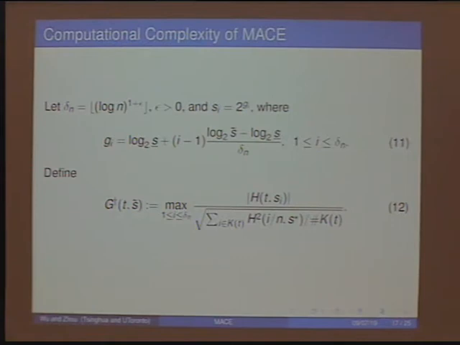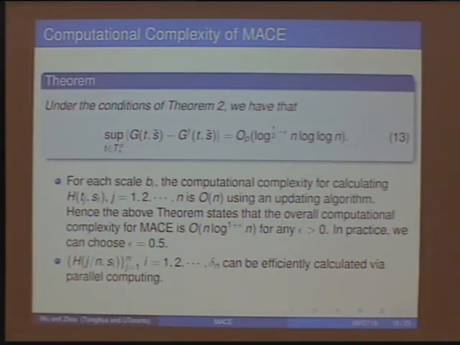And it turns out that if you calculate the MAZE statistics on only log n to the power 1 plus epsilon scales, the limiting distribution of your sparse version of MAZE and the dense version of MAZE is asymptotically equivalent. In other words, there's no loss in calculating the MAZE statistic on a sparse grid of scales. So the limiting distribution is the same as the dense case.